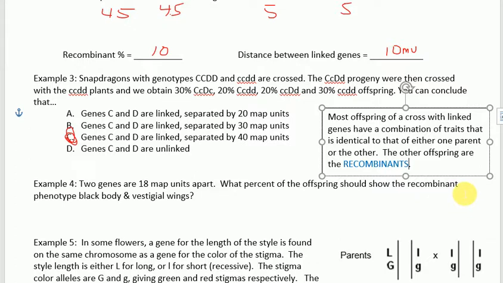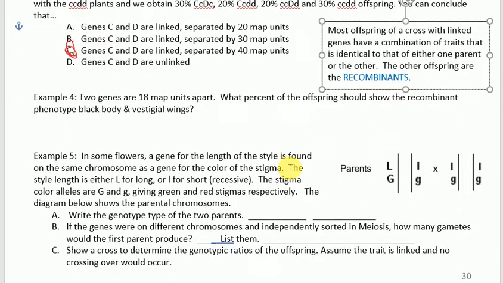Okay, let's go to example 4. Two genes are 18 map units apart. What percent of the offspring would show the recombinant phenotype black body? Okay, so two genes. We're assuming that they are completely talking about the recombinant since they're asking about that. They're 18 map units apart.